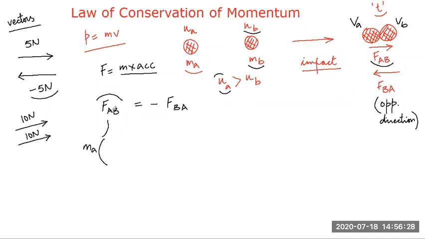Final velocity of body A, vA, minus initial velocity of body A, uA. This change from uA to vA happened in how much time? Time of impact, t.